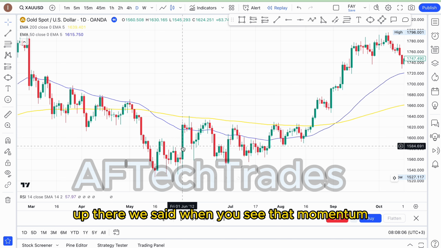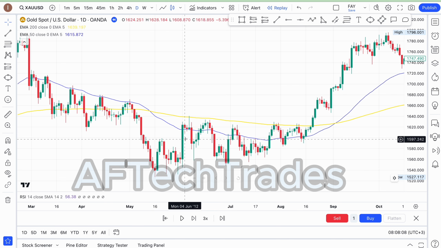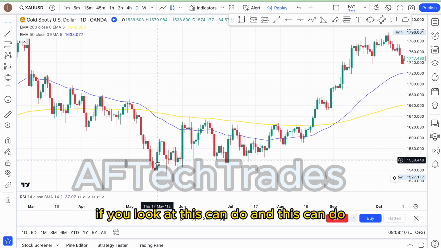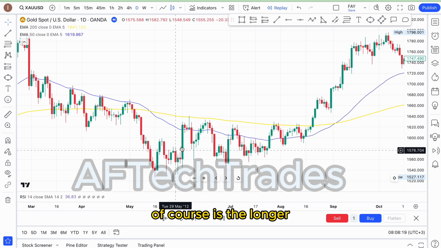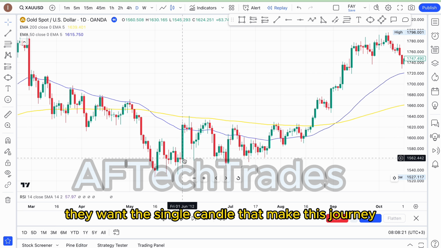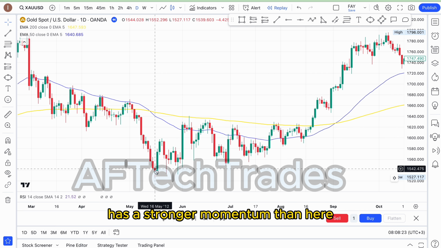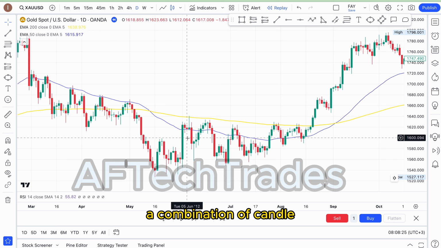We said when you see that momentum. By the way, before that, if you look at this candle and this candle, which of the two do you think has a stronger momentum? Of course, the single candle that makes this journey has a stronger momentum than a combination of candles here.